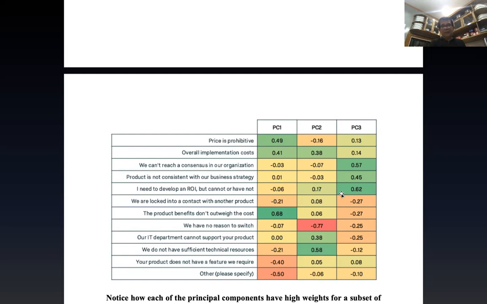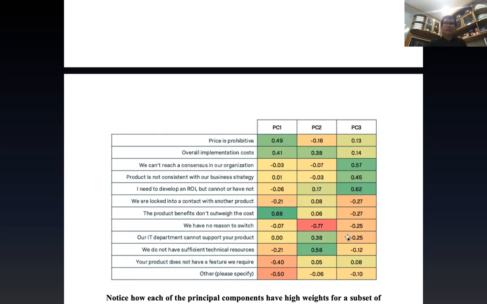So under PC1, we have 0.49, 0.41, and 0.68 as weights that actually meet the requirements. Some authors would say at least 0.40, but different authors, different statisticians, different literature have different standards, and I will be talking about it later.